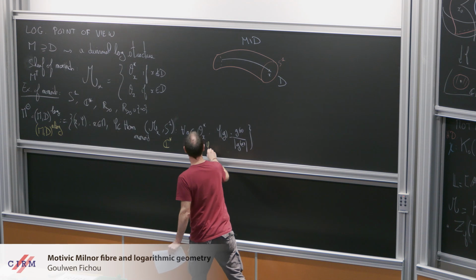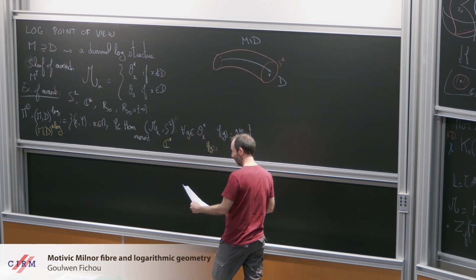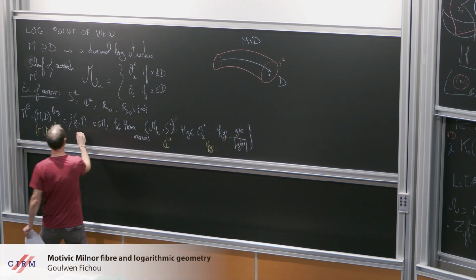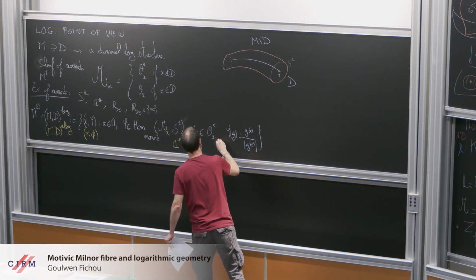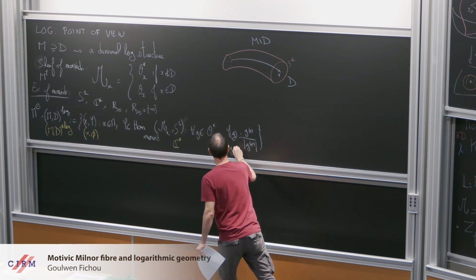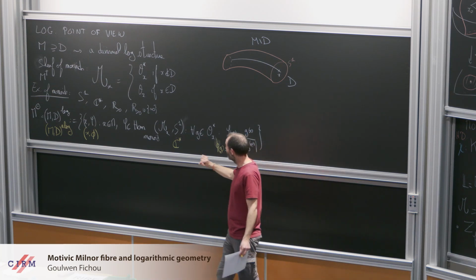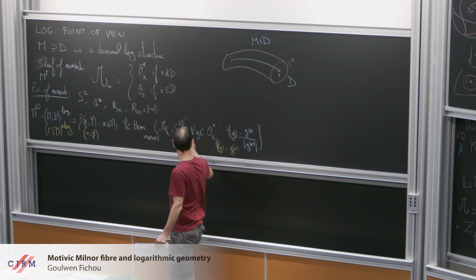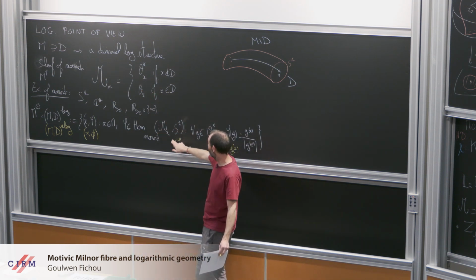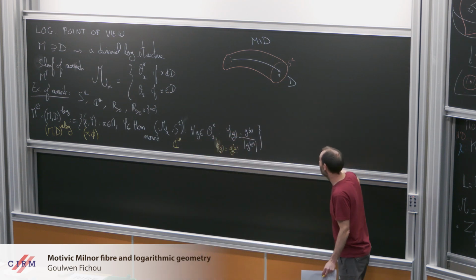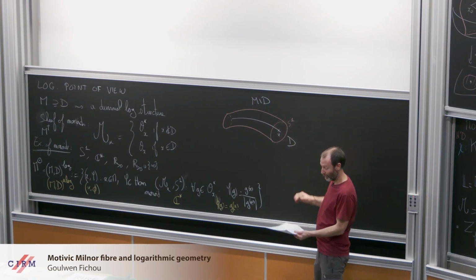So the condition is just that phi of j, yes, I want maybe to say that this is x and capital phi, and this is just g at x. So again, if you have a point which is outside the divisor, you have no choice for your function. But if you are inside the divisor, then you choose some non-zero complex number. So that's just one way to fill the tube with complex numbers.